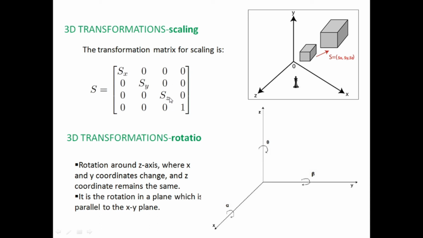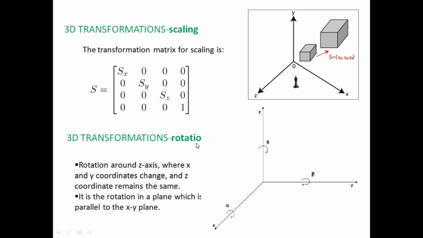So sx, sy, sz and 1. These are the scaling parameters in the x direction, the y direction, and the z direction. So the new coordinates will be the scaled version of your old coordinates. That's it. Now the 3D transformation rotation matrix.